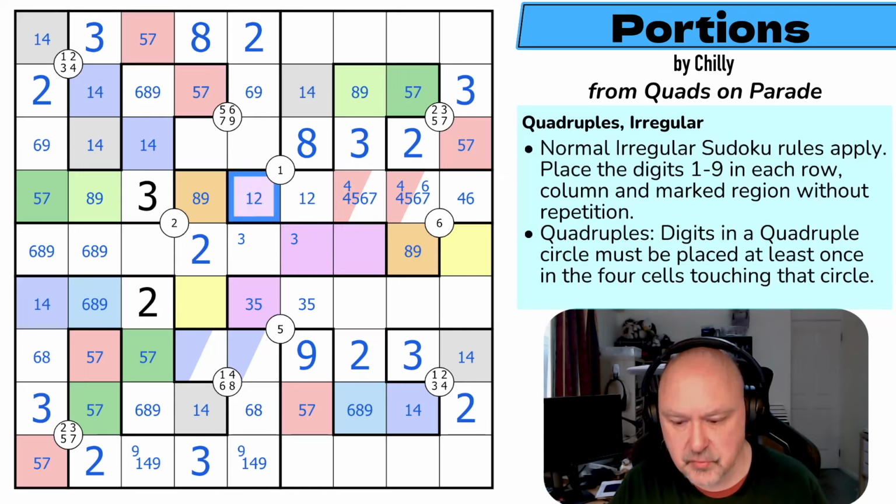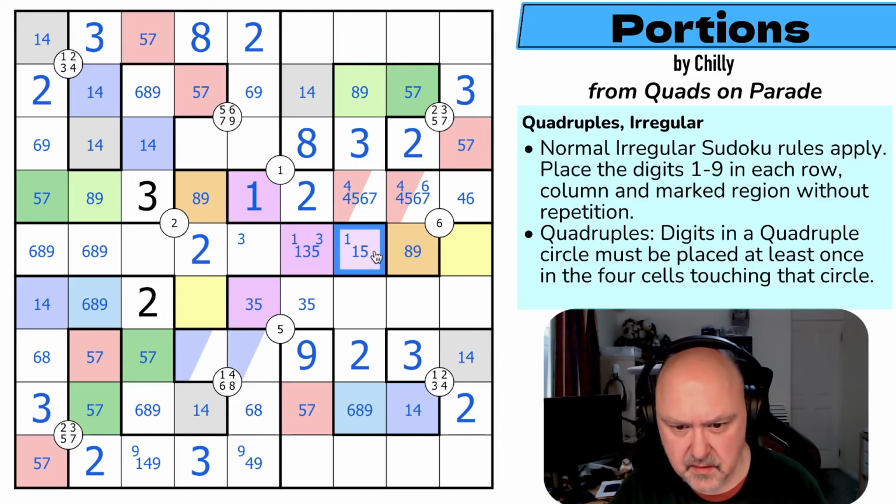Oh, that's painful. But there is a 1 in one of these two. And these are from 1, 3, 5 because they're the only digits that can go in there. That's not a 3. But that could be a 3. Because 3 is in an X-wing state in these cells.